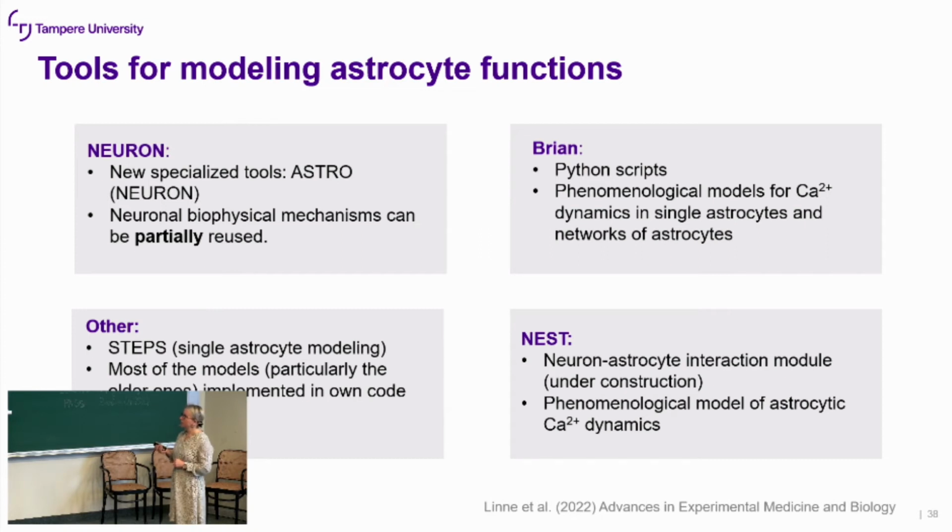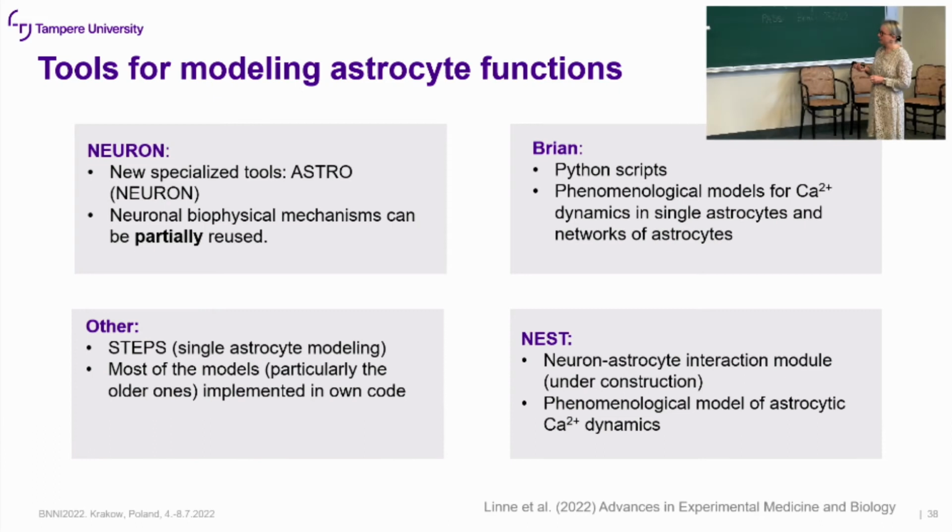You can do single cell modeling with Neuron and Astro. There are Brian scripts where you can do calcium dynamics modeling in single astrocytes and networks. There are other tools like STEPS where single astrocyte modeling can be done, but most of the work so far is done by own code, which is not available anywhere.